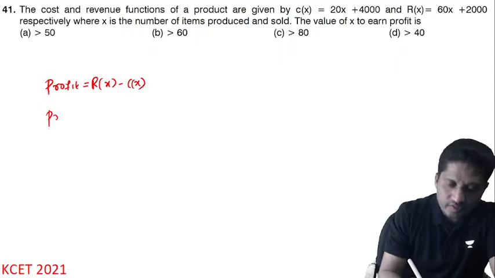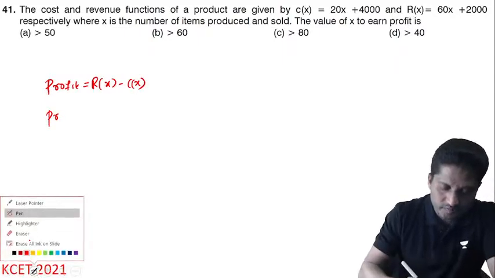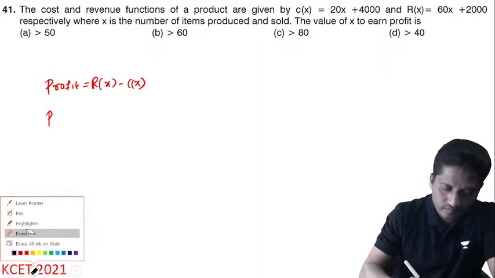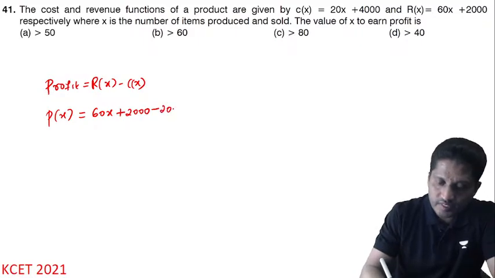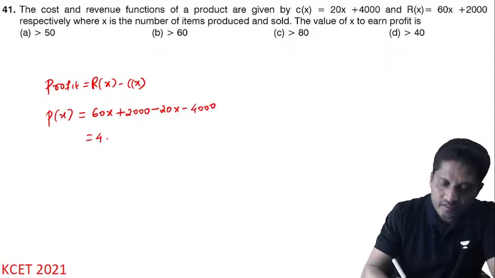I'll take profit function as P of x. Revenue is equal to 60x plus 2000 minus the cost, that is 220x minus 4000. If I subtract, this is equal to 40x minus 2000.